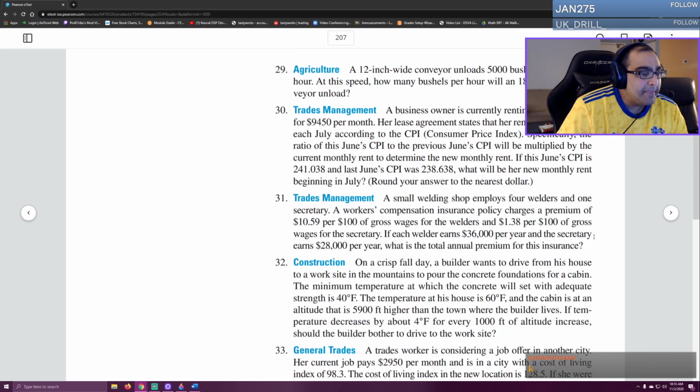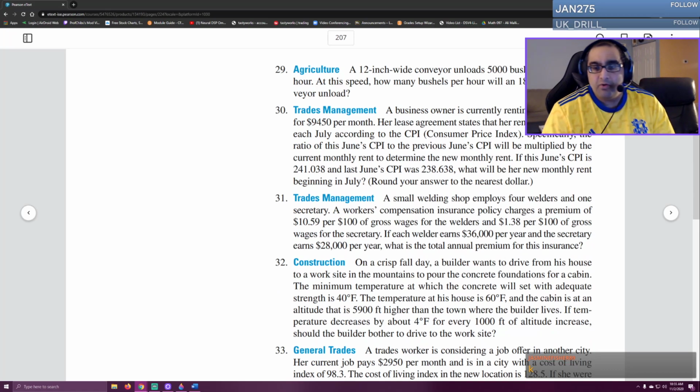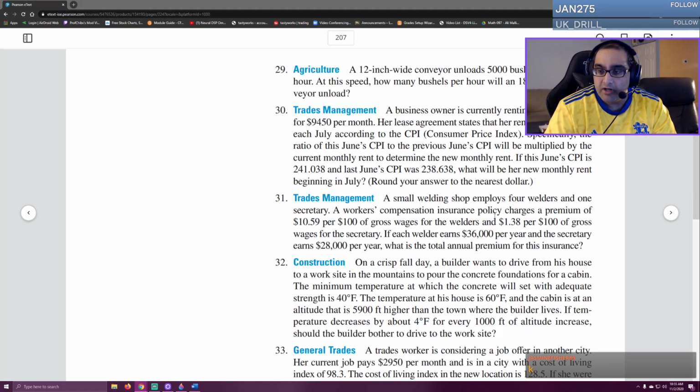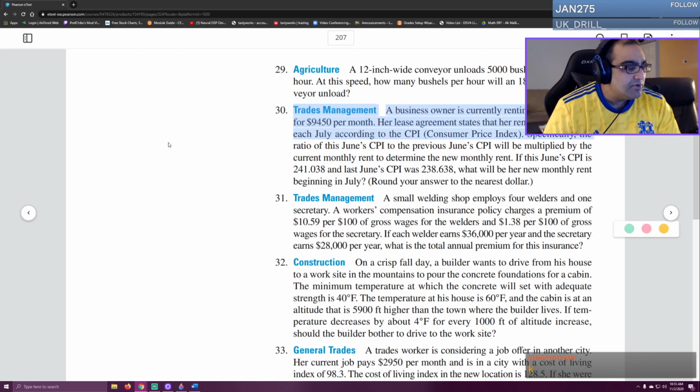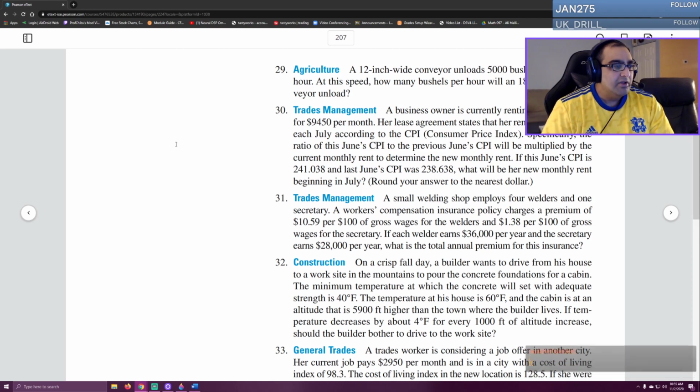All right. Now, if you want to know where ratios and proportions can be very important, number 30 is a very classic example of that. A business owner is currently renting her shop space for $94.50 per month. Her lease agreement states that her rent will be adjusted each July according to the CPI.